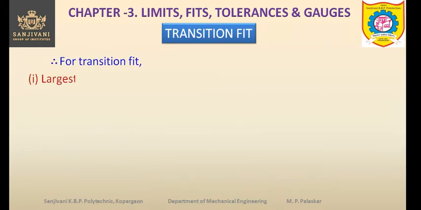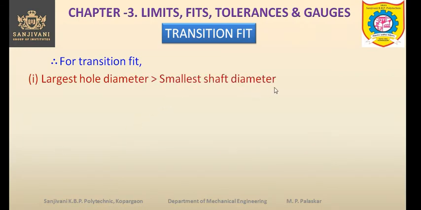So for the transition fit, largest hole diameter is greater than smallest shaft diameter. That means if the hole diameter is largest and the shaft diameter is smallest, then hole diameter will be greater.